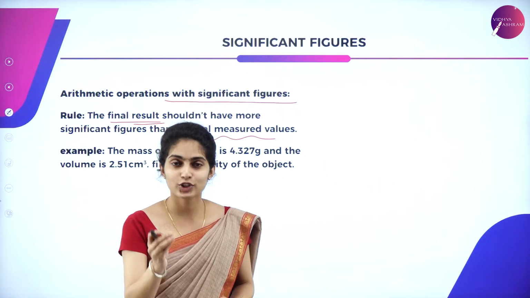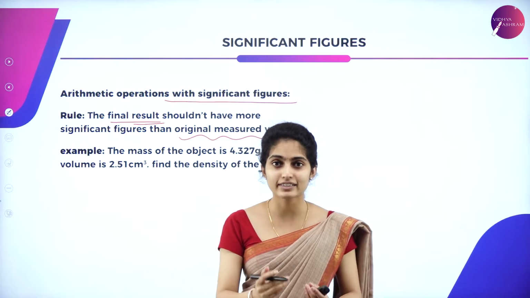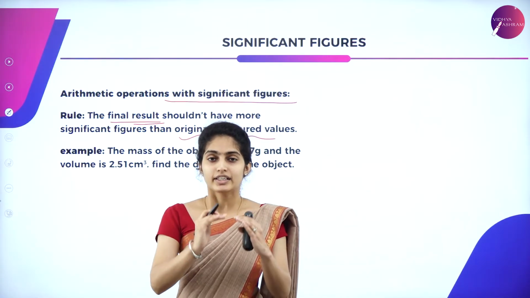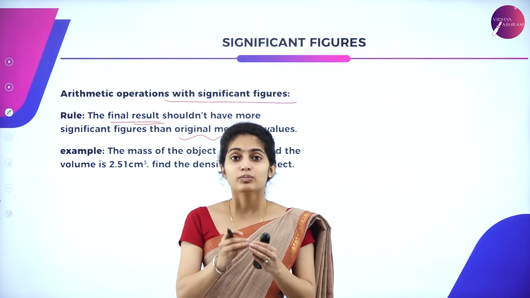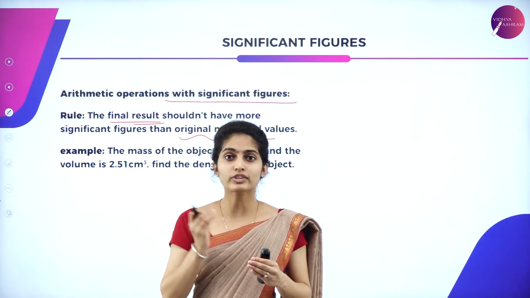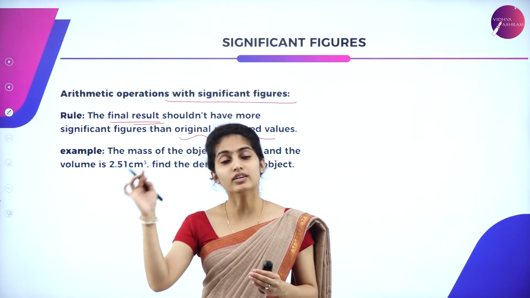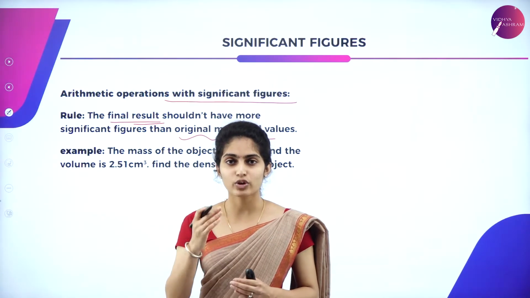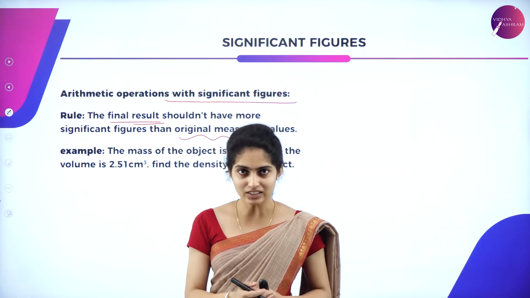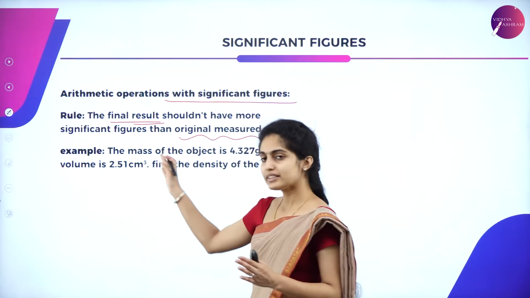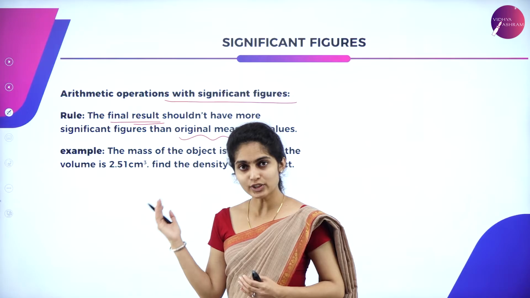That is the actual thing you have to understand. That is, the result what you get shouldn't contain more significant figures than the original values, or the values which are present in the question. So this is a general rule being told here.